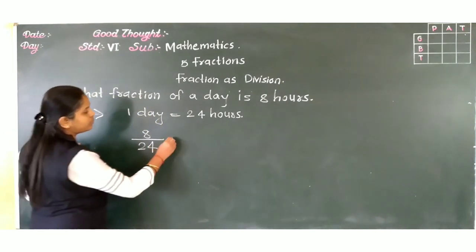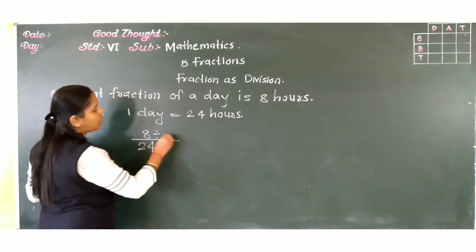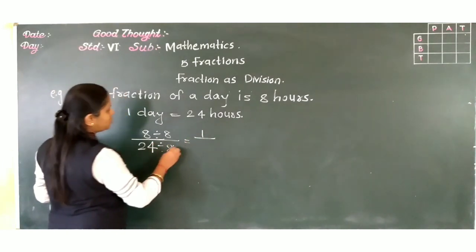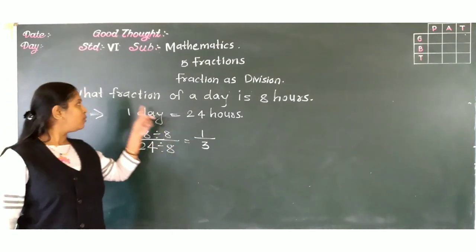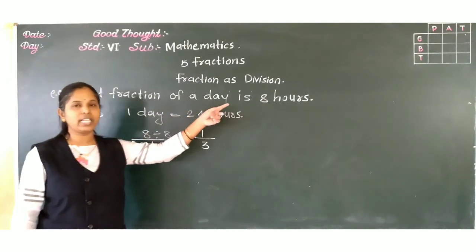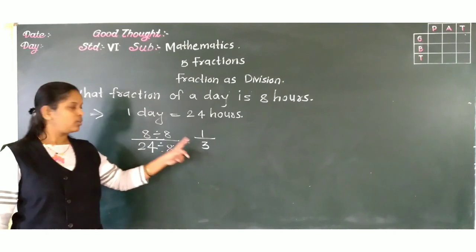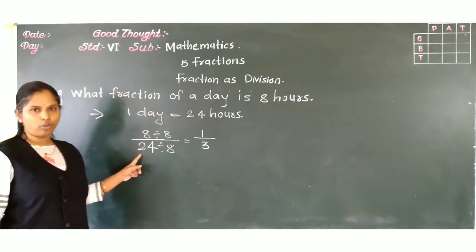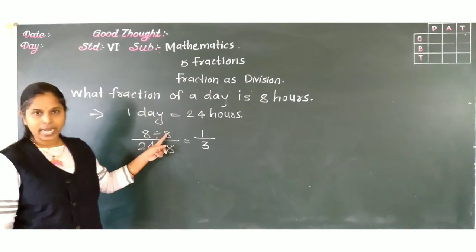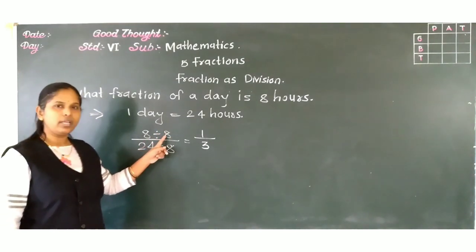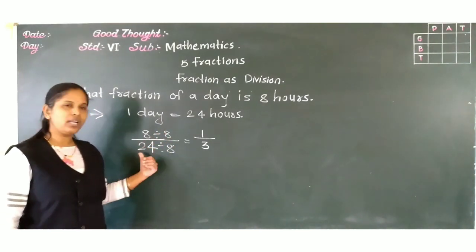So how to write? Both are there in hours, so 8 upon 24. What fraction of a day is 8 hours? 1/3. Or you can write 8 upon 24 also, because now 8 and 24 both are divisible by 8. So I have divided by 8. 8 ones are 8 and 8 threes are 24.